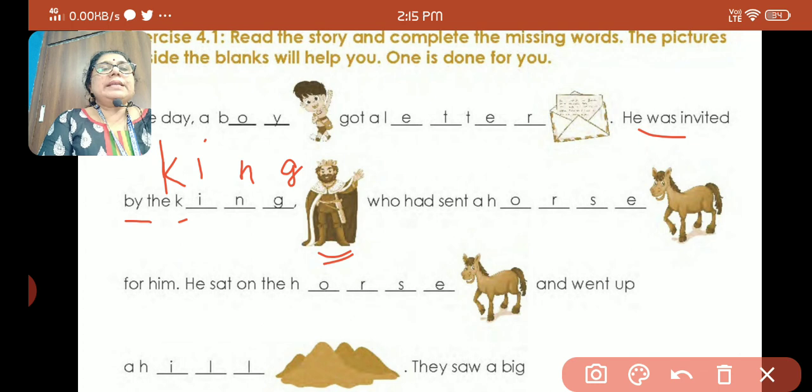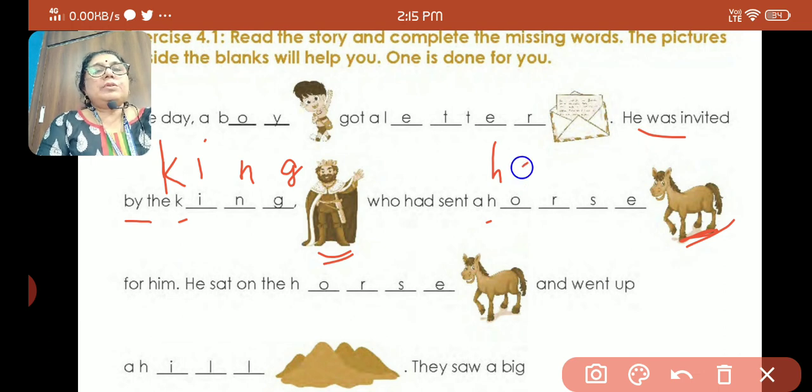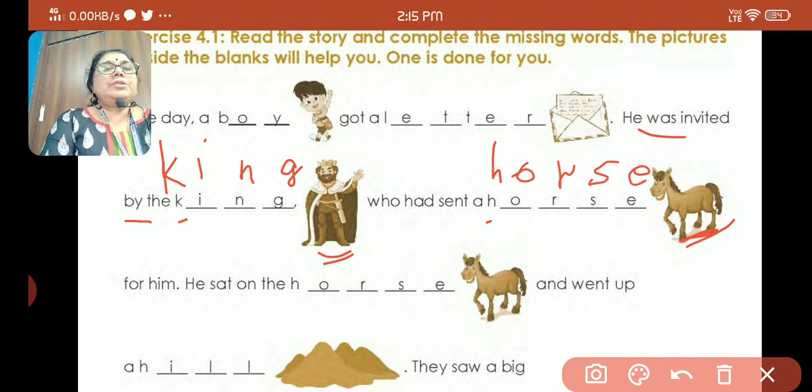So now, who had sent a, what is this picture? Horse. So what is the spelling of horse? H is already here, so we write H over here. Then we got O, and then R, S and E, horse. H-O-R-S-E, horse. Got it, children?